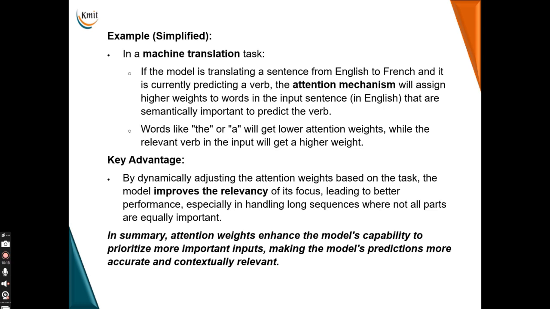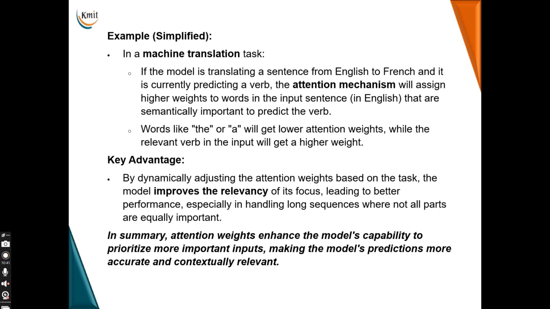Such words are given lesser relevancy scores compared to the subject of the sentence, the object of the sentence, and the tokens which highlight the chances of predicting the particular verb.